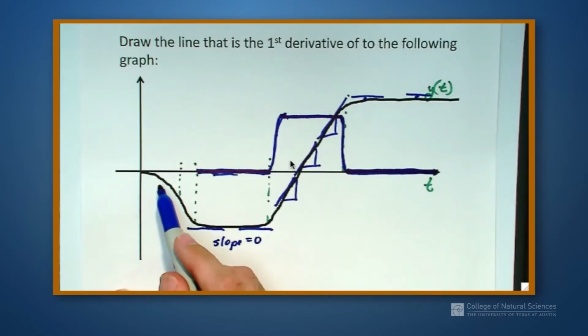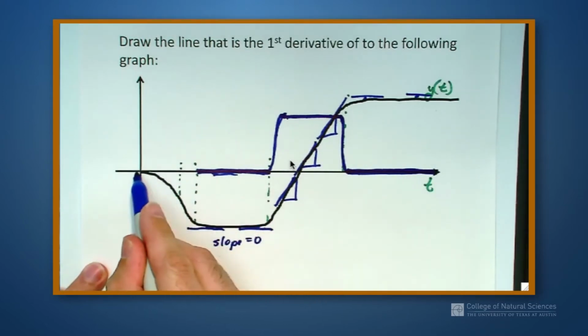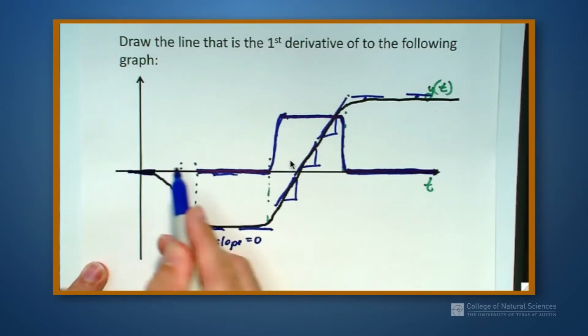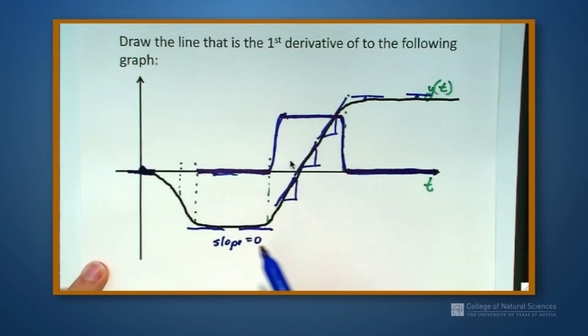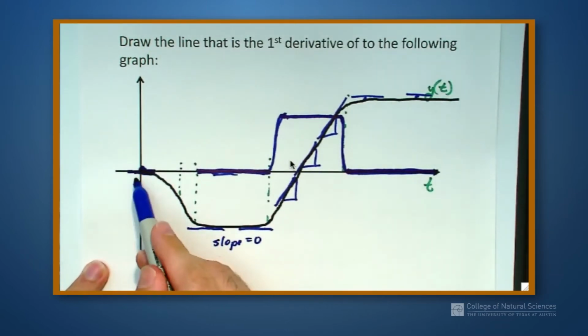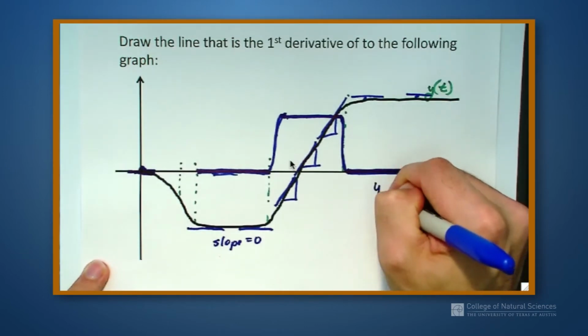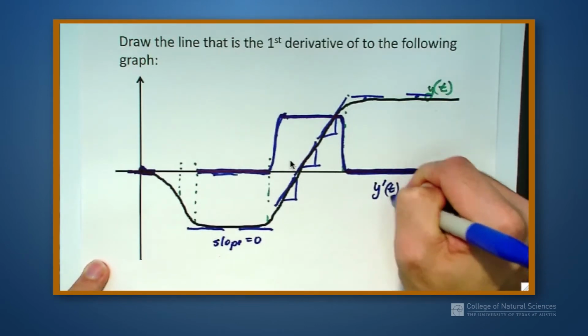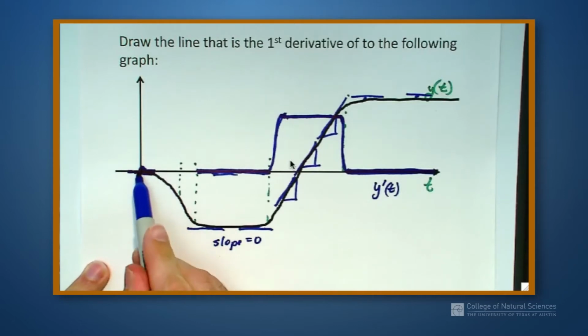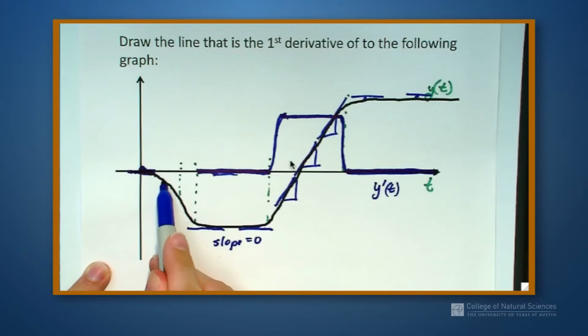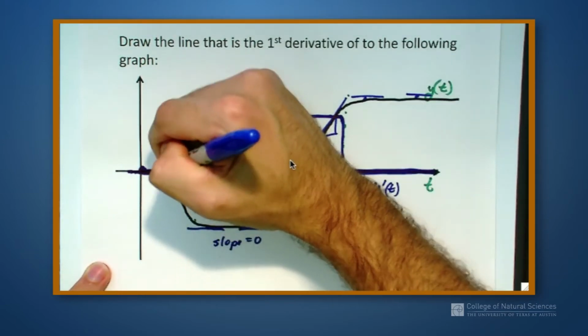Let's look at the very beginning of this. It starts off with a slope of 0. So that means it starts off at the origin for the value of that slope. The derivative is 0. We're doing the y prime of t. Well, as we go through this, the slope of this is going to get steeper and steeper and steeper. This slope right here is steeper.